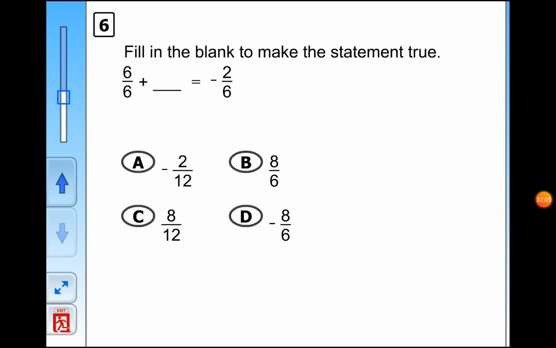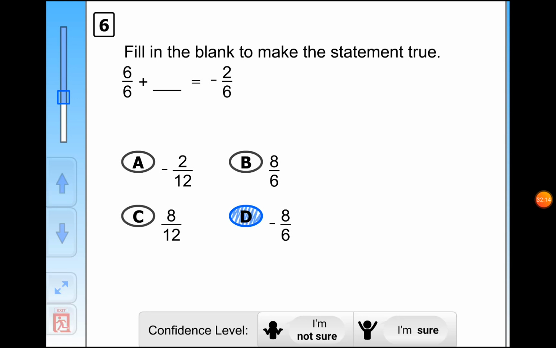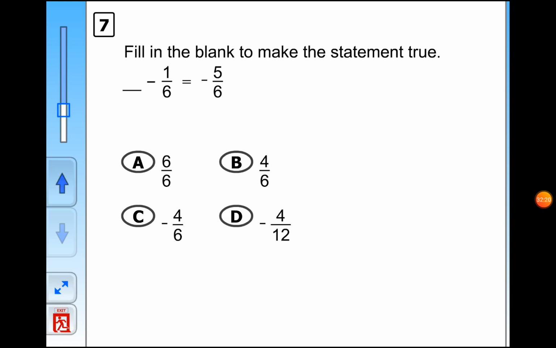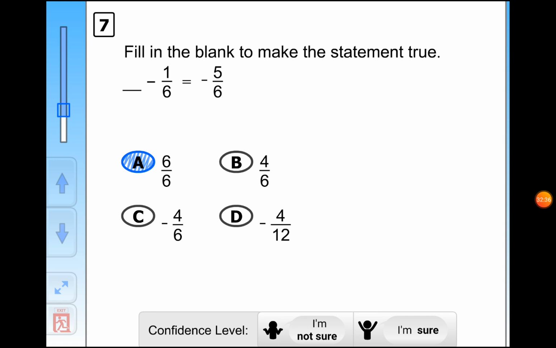So 1 plus blank equals -1/3. So -1/3. Because 6 minus 8 would be -2, and then -2 over 6. Okay, so let's think. -5 over 6 plus -1 over 6.